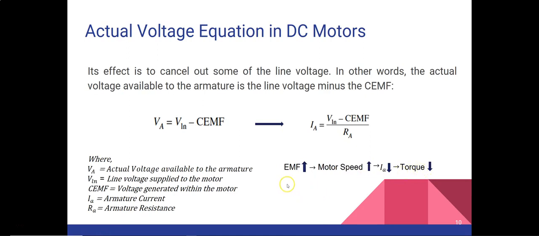As the back EMF increases with motor speed, as the motor goes faster, the motor will draw less current, and in that case your torque will diminish. This explains why most DC motors have a finite maximum speed, and if the motor keeps on going faster, the back EMF cancels out the line voltage and the armature current approaches zero.